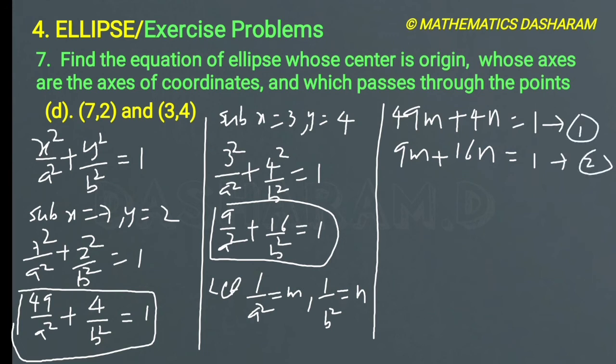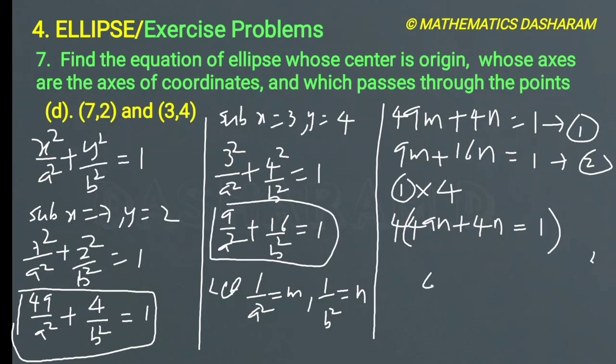Let's eliminate the variable n from both equations. That is why I am multiplying equation 1 with 4. So 49m plus 4n equals 1, multiplied by 4. 4 into 49: 4 9s are 36, 3 carry, 4 4s are 16 plus 3.